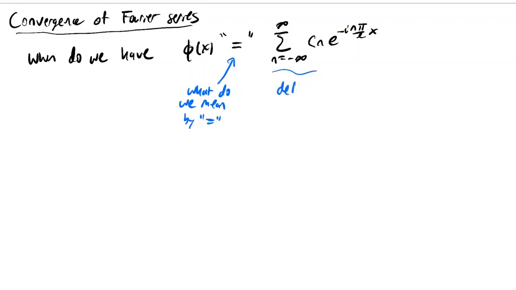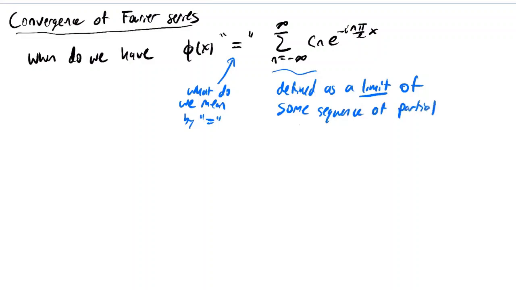This is defined as a limit of some sequence of functions, some sequence of partial sums of functions. So we need to understand this limiting process more precisely first to understand how or when this infinite series can converge.